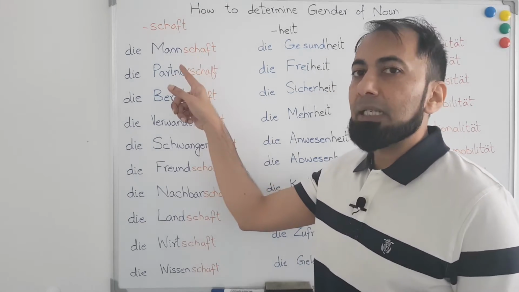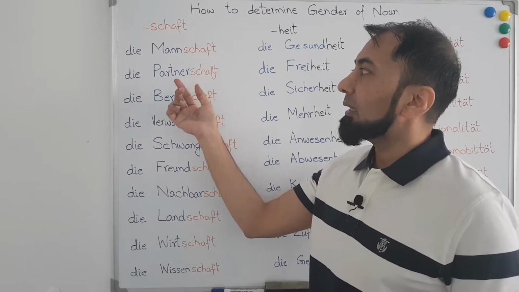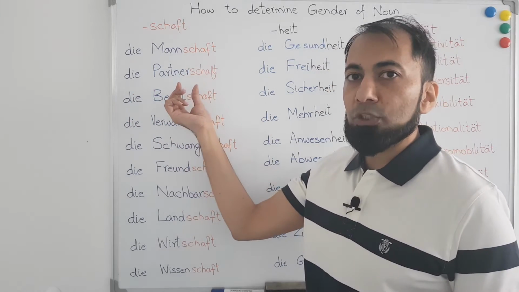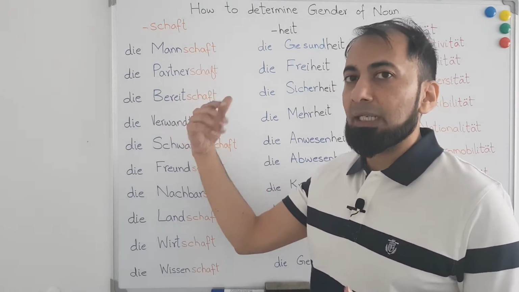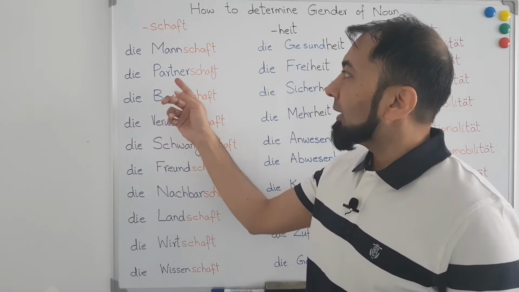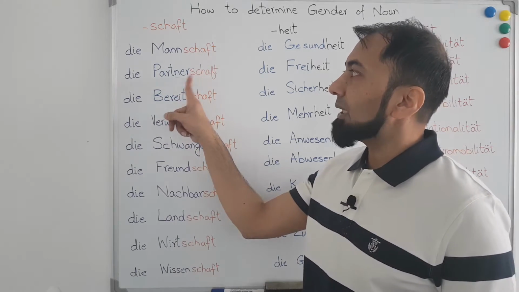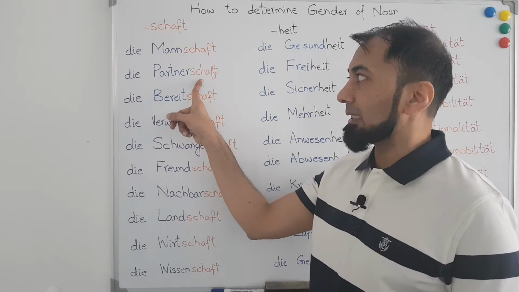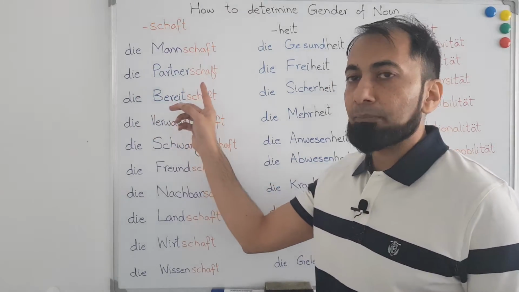Mannschaft means team. Now let's move to the next, die Partnerschaft. This noun is also composed of two parts. First one is Partner, which is a noun, which means partner. But if you put a suffix -schaft at the end, it will become die Partnerschaft, and it is a feminine noun. It has article die. Partnerschaft means partnership.